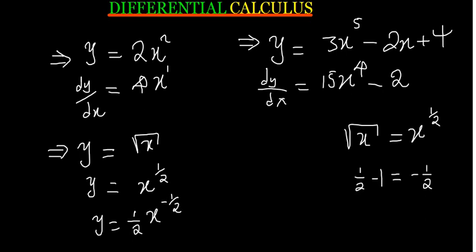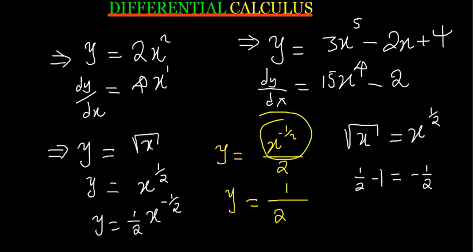Now from the indices, remember we did indices. We said if you have got a negative power, you can bring that down to the denominator. So that will become 1 over 2.